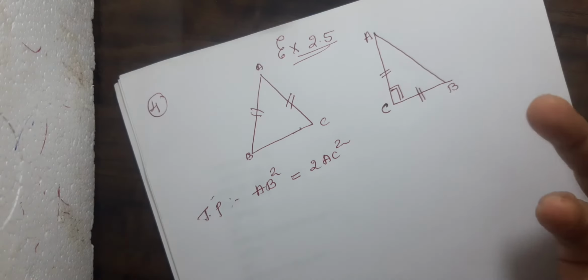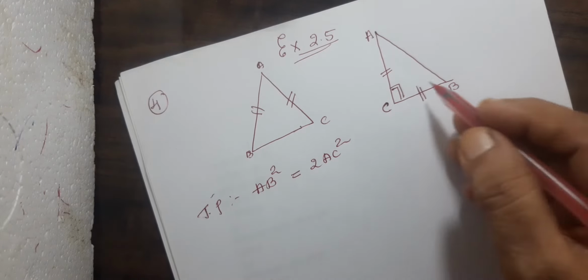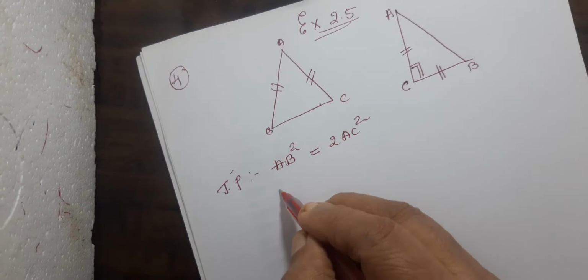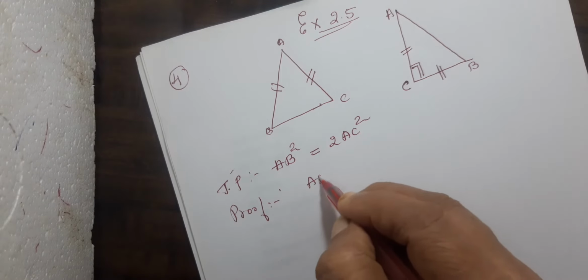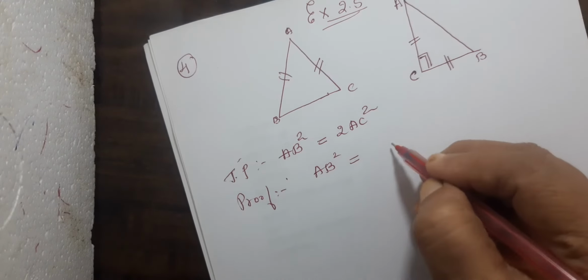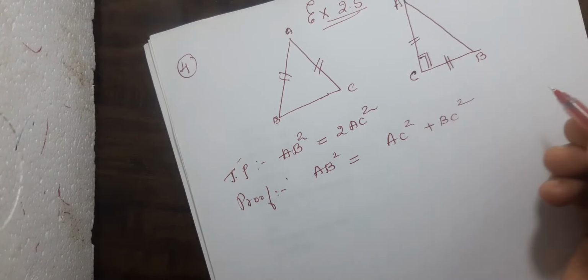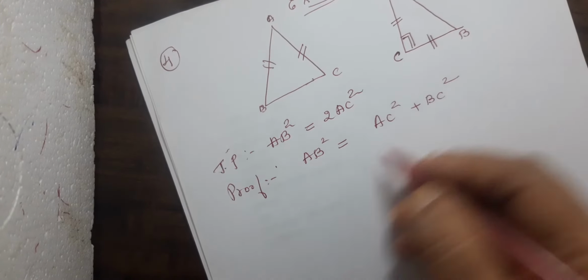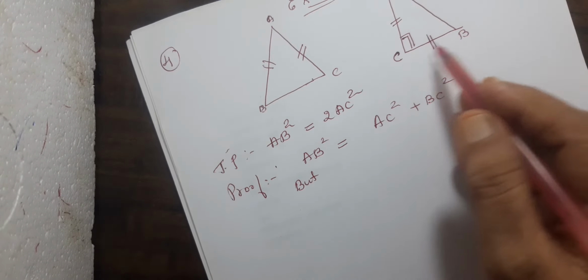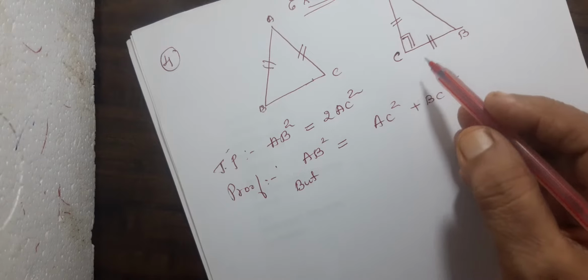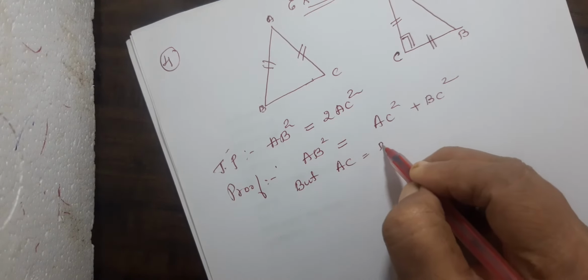Just use the Pythagoras property here, because it's a right angle triangle. The proof: the hypotenuse is AB, so naturally you will write the formula AB squared equals AC squared plus BC squared. But they have given that triangle ABC is an isosceles triangle, no? So AC is equal to BC.